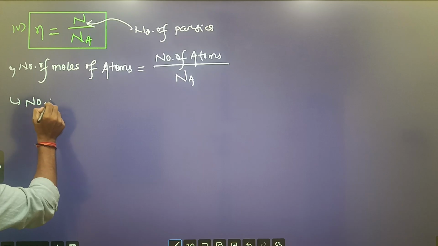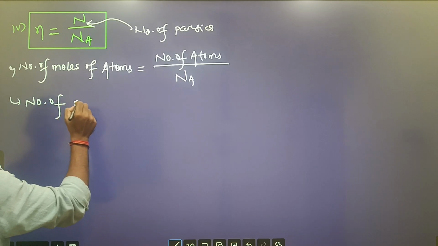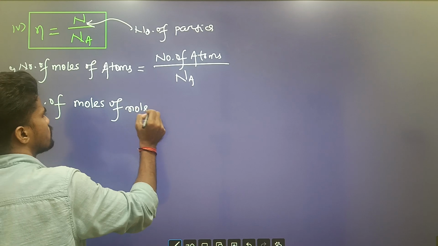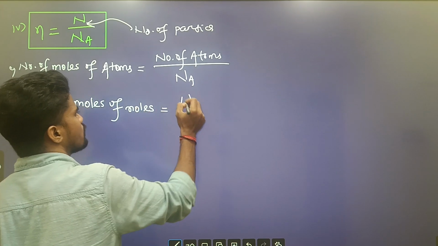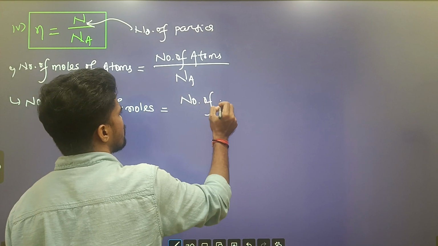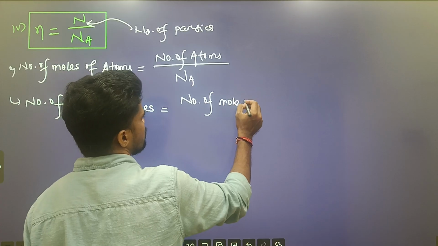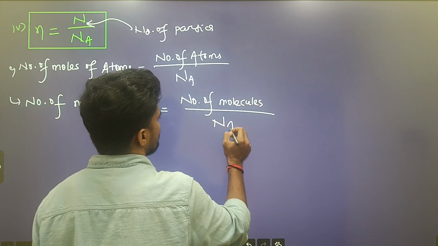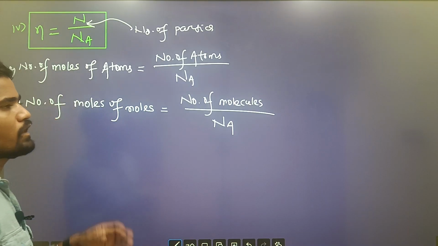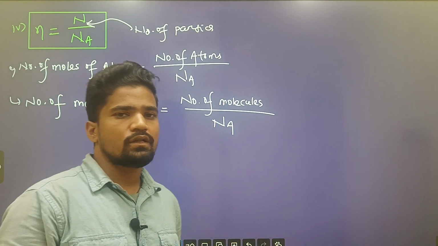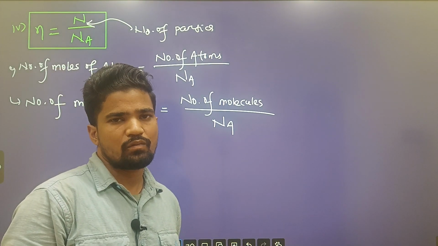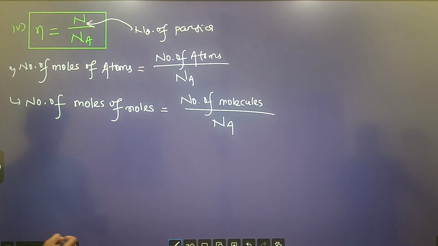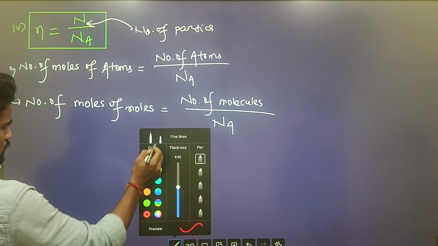Suppose I say number of moles of molecules, that is number of molecules upon Na. That means if the number of atoms or molecules is given, then how can you calculate number of moles? N by Na.